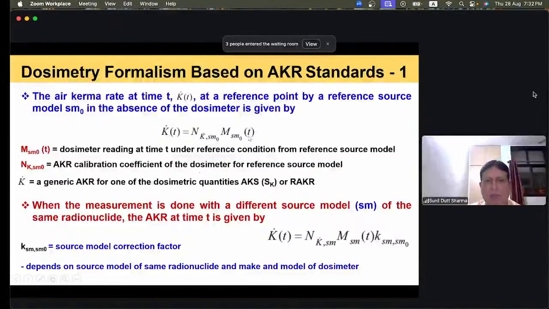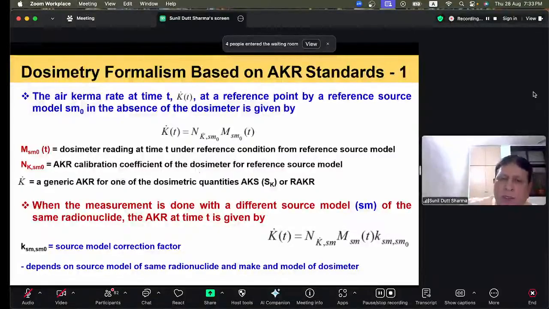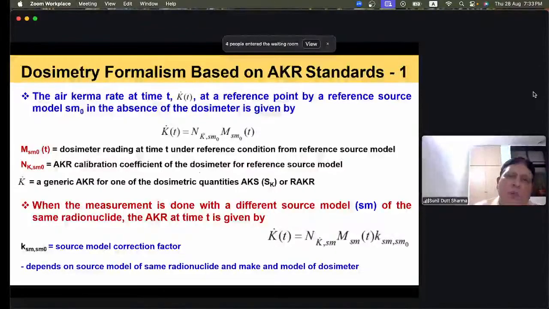So if this is the case, we will be able to calculate the source strength in terms of either reference air kerma rate or air kerma strength. When the measurement is done with a different source model, because it may not be true that whatever source is available at a standard laboratory, the same source is available at the user site or the hospital, in that case, this report has recommended the use of a source model correction factor, which is in line with the beam quality correction factor recommended in TRS 398.